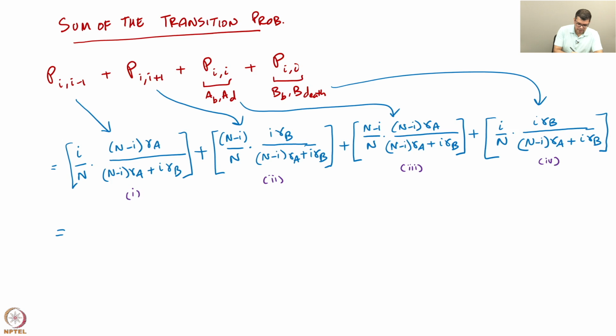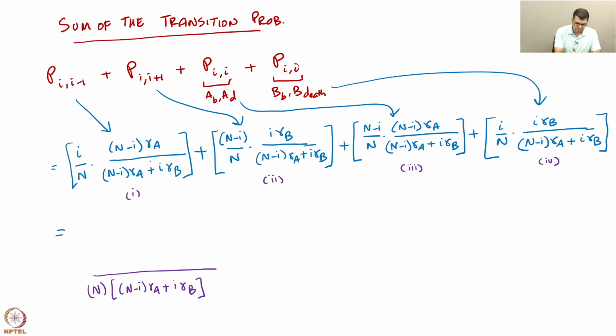We are going to add together term 1 and term 3. Note that the denominator of every one of these 4 terms is the same. So, we can write the denominator as it is. We get n times n minus I times Ra plus I times Rb, and now I am going to add term 1 and 3.